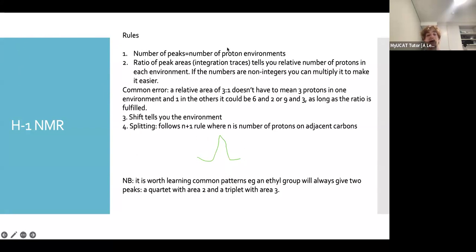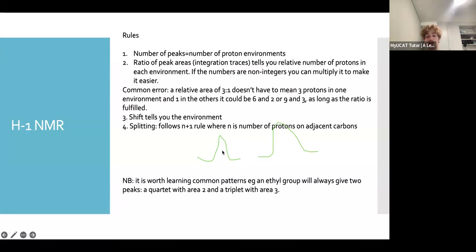Basically, the relative areas underneath the peaks tell you the ratio of protons in that environment. So there's one spike, and here's another. I know that this is quite a bad drawing, but imagine that the area under this is double the area under this.